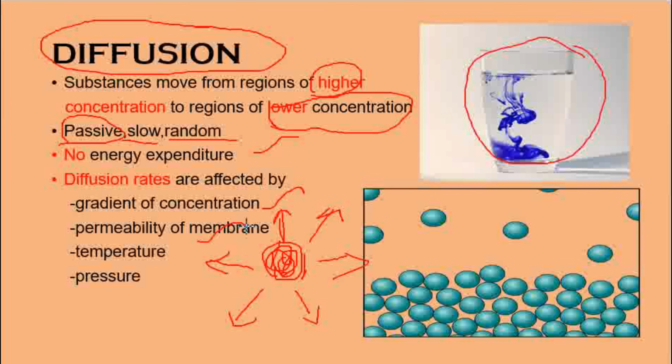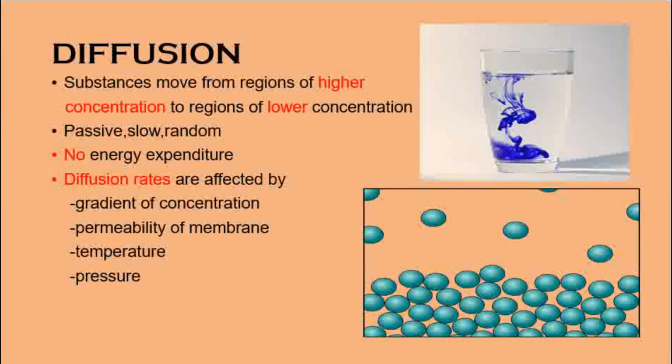If the membrane is more permeable to the substance being diffused, it gets diffused faster. If it is less permeable, the diffusion might be slower. And also temperature and pressure. So the diffusion rate depends on these.